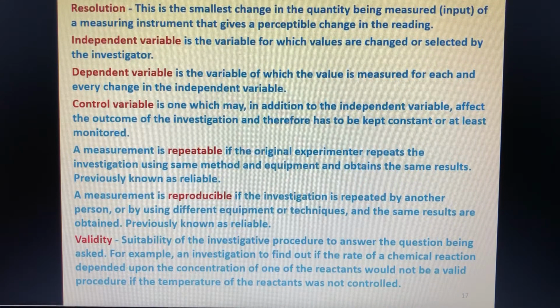Put in here some of the key words, things that we should be aware of. Resolution, particularly important to that osmosis practical. Measuring to a large number of decimal places because the changes that occurred were very, very small. Okay, we only saw, you know, a tiny mass gain or mass loss.